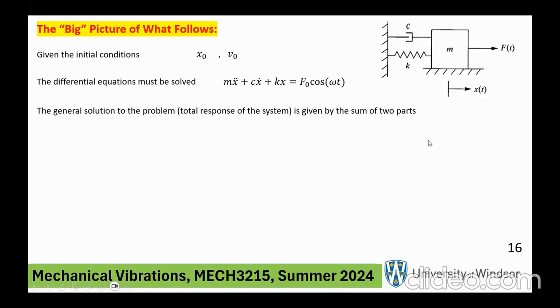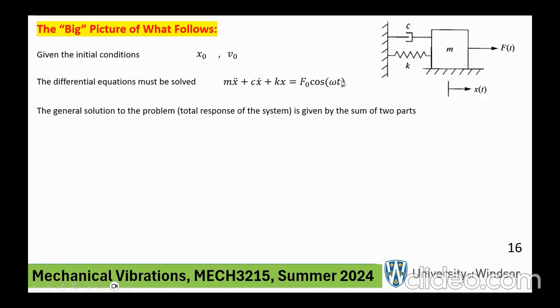Now the general solution is just like before, made of two parts. One of them, a particular solution to this, and the other one is a homogeneous solution. What do I mean by that?